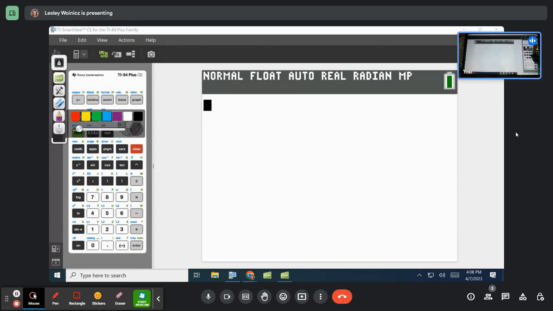You can see it's down here on the 0 button, right above the 0 button. So in order to get the blue catalog, we have to hit the blue second button first. So we're going to hit the second button, and then we're going to hit 0 and go to the catalog.